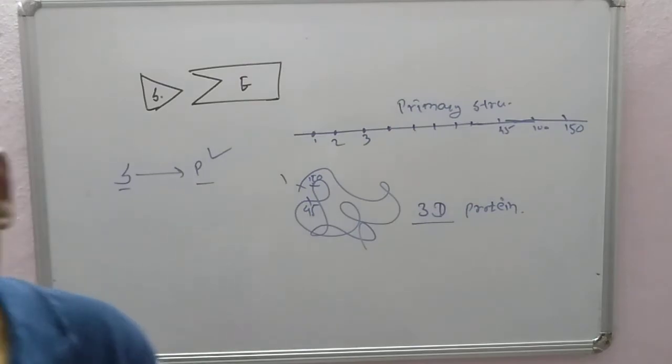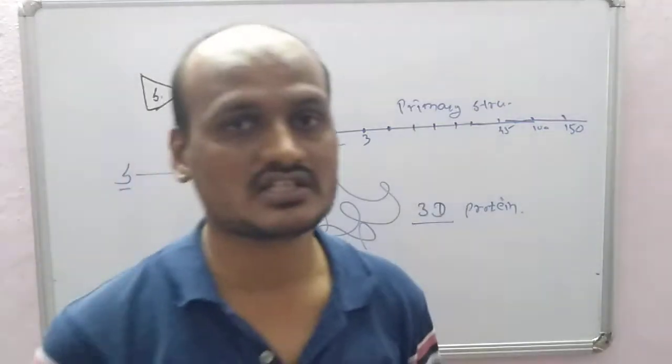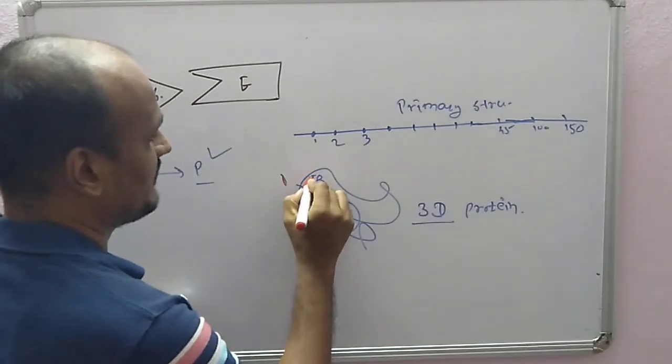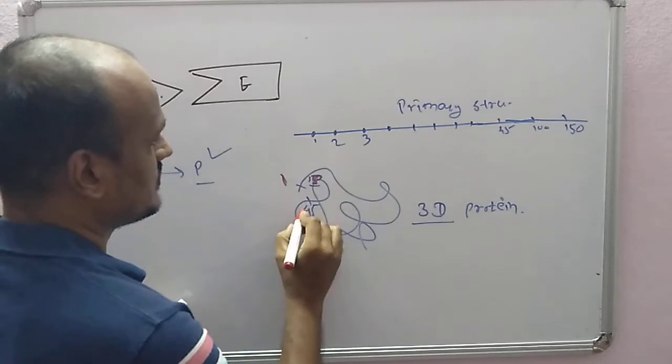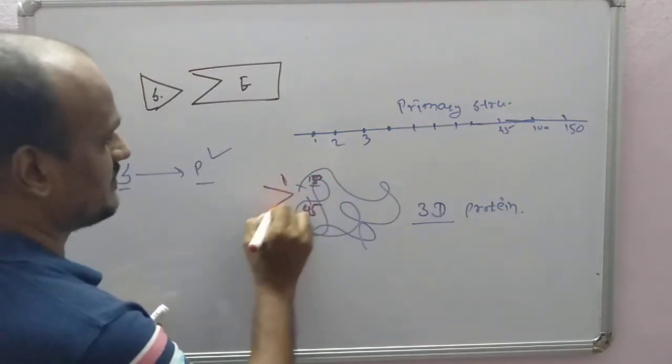The importance of the 3-dimensional structure of the protein is that the 1st residue, the 150th residue, and the 45th residue can all interact when the substrate is present here.